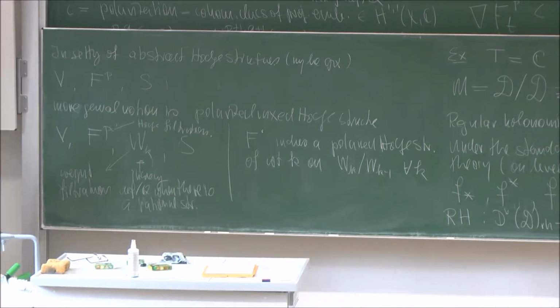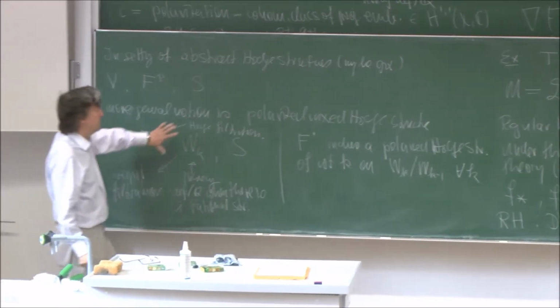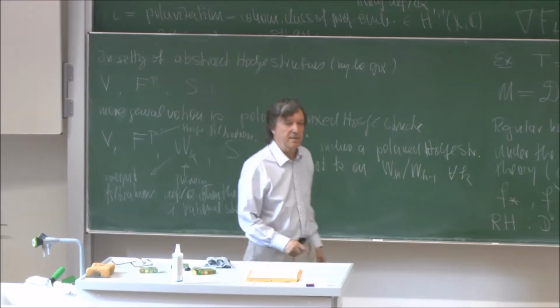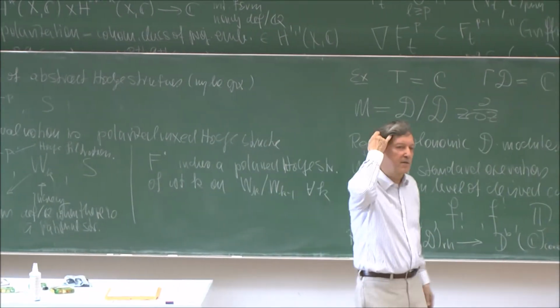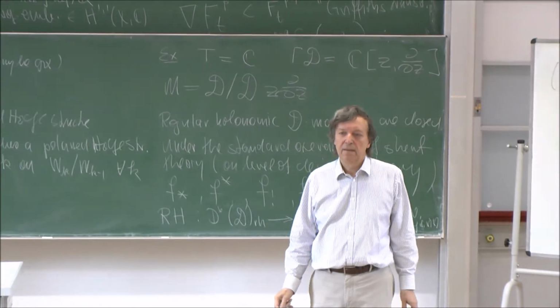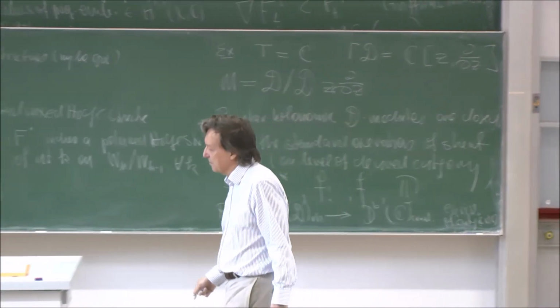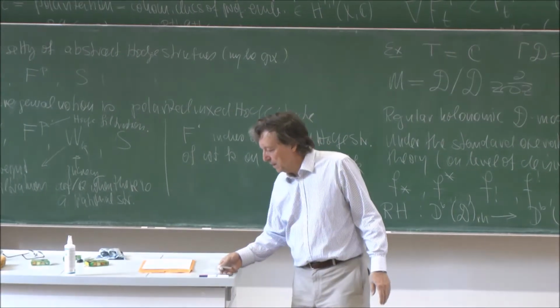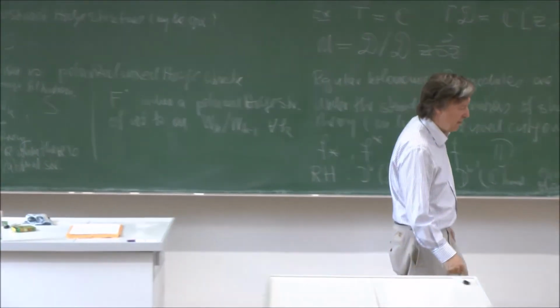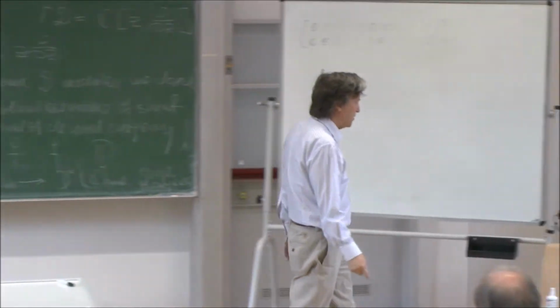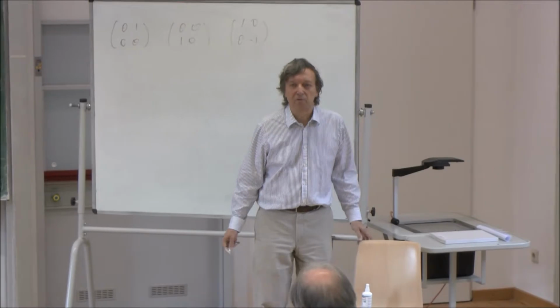And why would one look at that? Well, of course, the prototypical example is the cohomology of a smooth projective variety. And then I guess, what maybe I should have said earlier, is that this Hodge theory really took off in two directions.